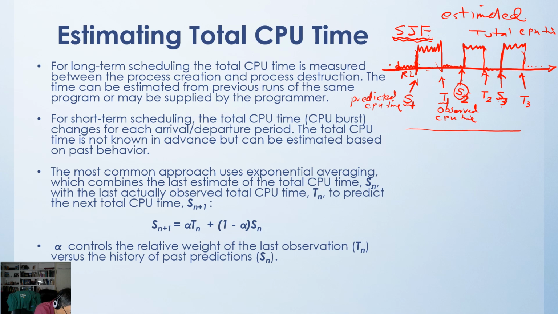Each time we have a predicted CPU time, like the first time, and then you get the actual CPU time, and we use this data to predict the next one. Then we get the next actual time, and predict the next one, and you keep predicting, and you keep getting the actual CPU time.